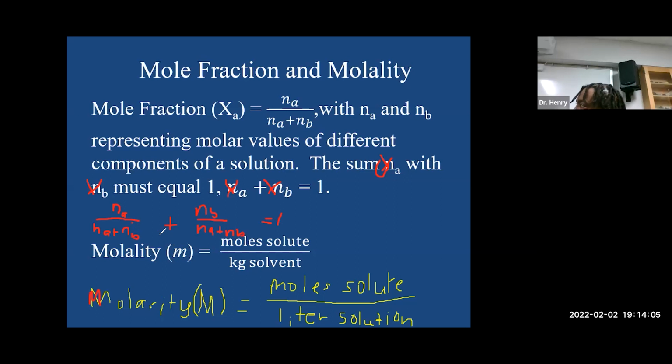That's right, because they have the same common denominator. So you just end up with Na plus Nb over Na plus Nb, same common denominator, so these can just be added together. Does that make sense?